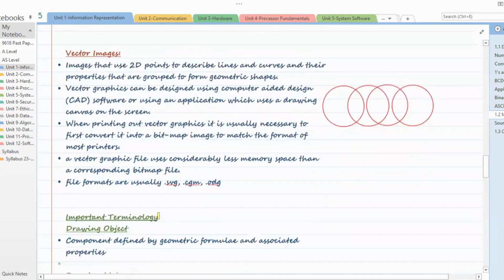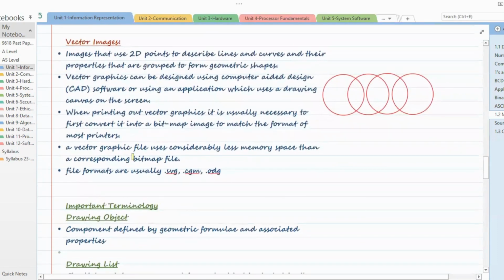Okay. Next topic is vector images. Now, vector images are basically created using geometric shapes or mathematical functions. Like I have created one image using a circle shape. So you just use one mathematical function and you create those different logos or shapes using that mathematical function or shape, right?